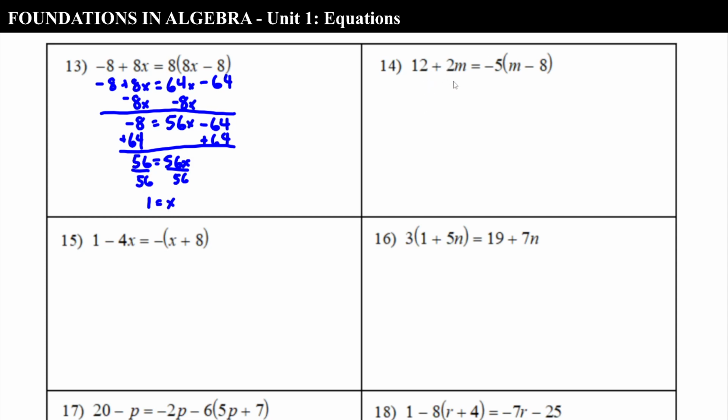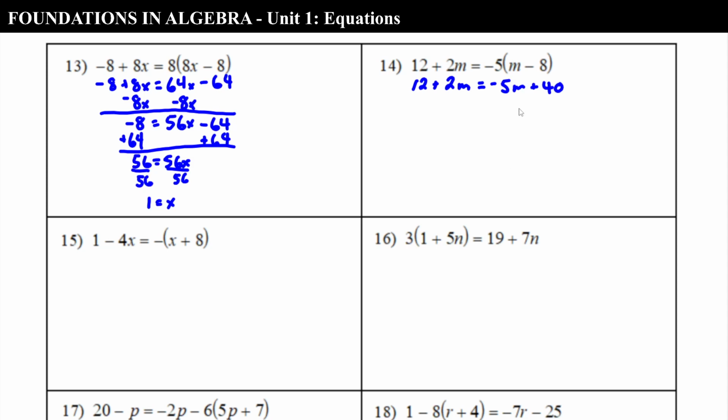For number 14, nothing to do with the left-hand side again, but we need to distribute the right-hand side. So negative 5m plus 40. The negative 5 times m and the negative 5 times negative 8, that gives you the positive 40.